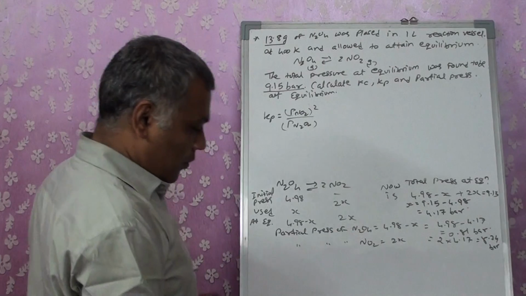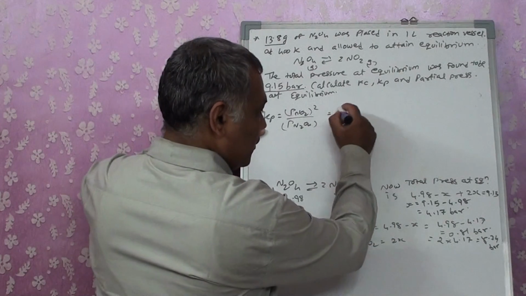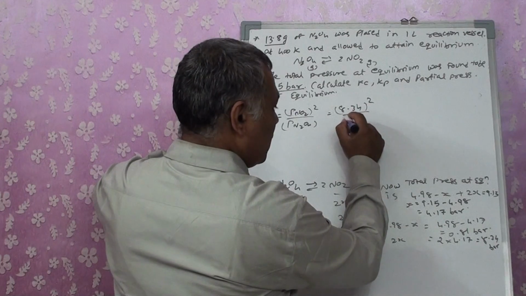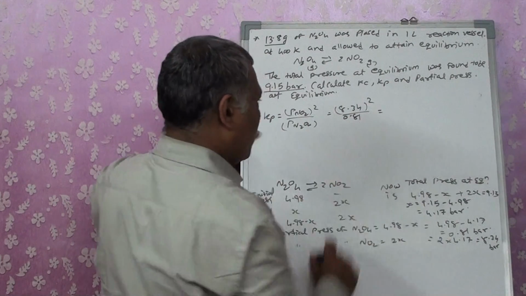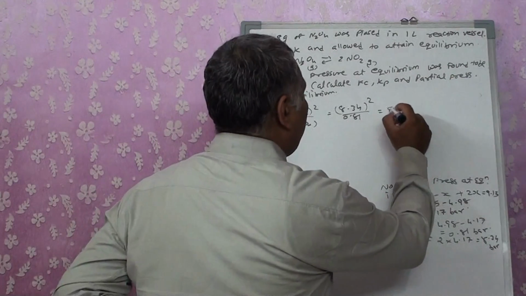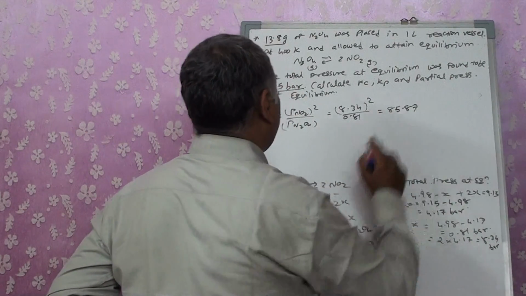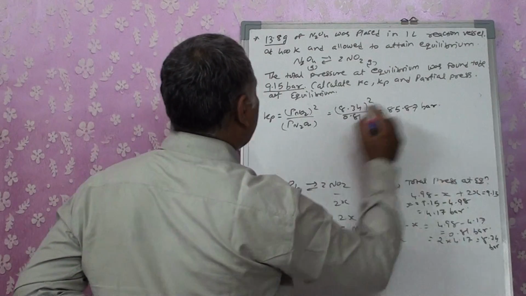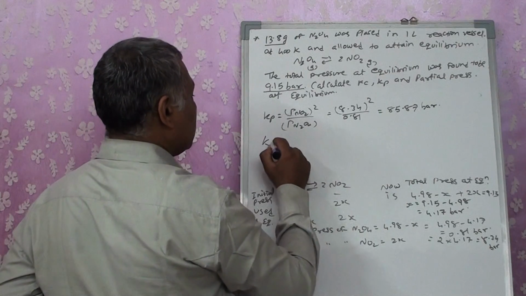Now these values are given to us: 8.34 whole square and 0.81. So we will be getting an answer of 85.87 bar.